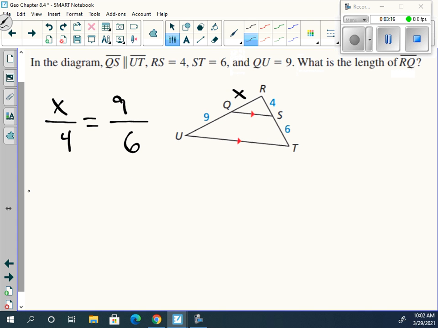Any questions on how we set this up or how we've done any of this so far? We good with this? Okay. Now what do we need to do to get X by itself? We can multiply both sides by 4. So here the 4 and 4 will cancel, giving us X is equal to 9 over 6 times 4.